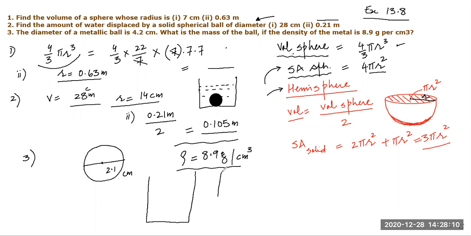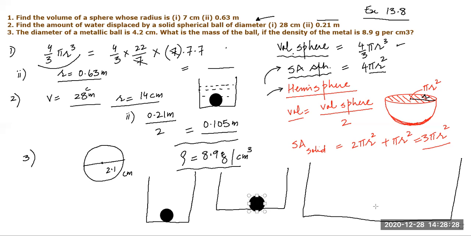Pranav, please see this. Suppose we have a small container, a large container, and a very big container. In these three containers, let us say we are dropping the same sphere. Beta, what is the meaning of amount of water displaced? Suppose the first container has 10 liter water, the second has 100 liter, and the third has 1000 liter water.